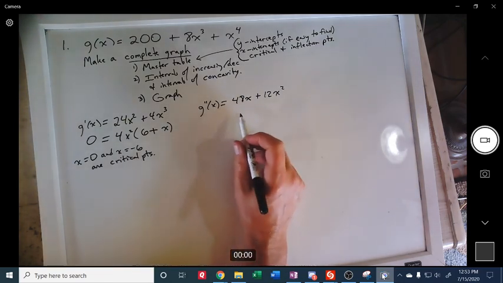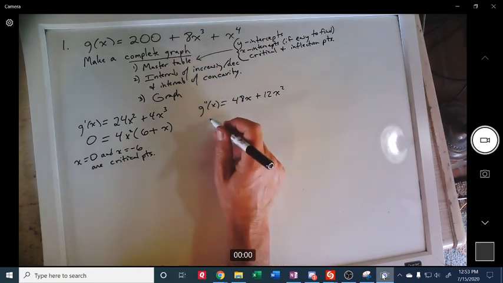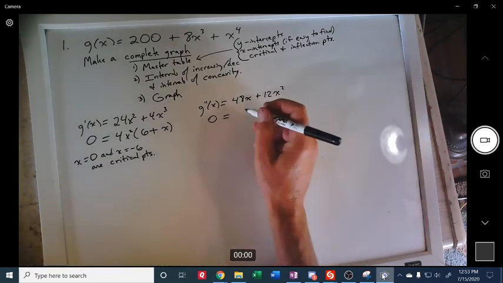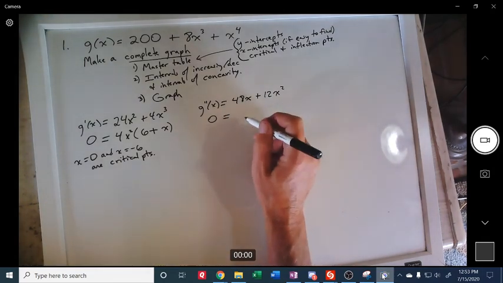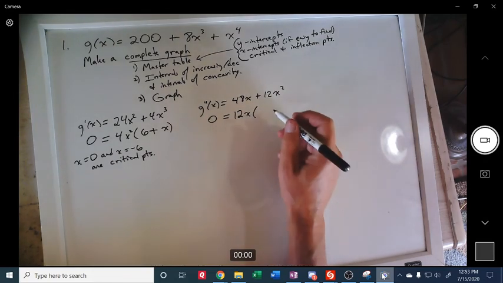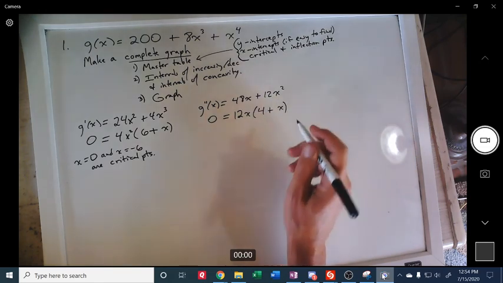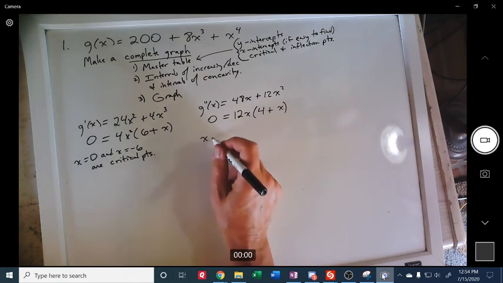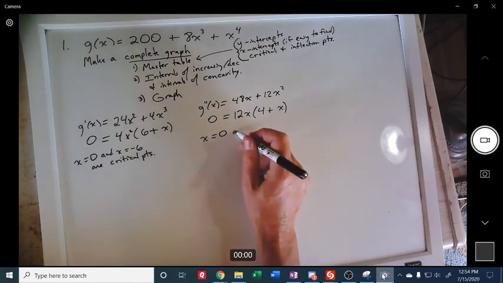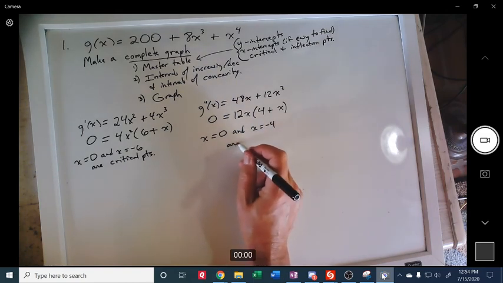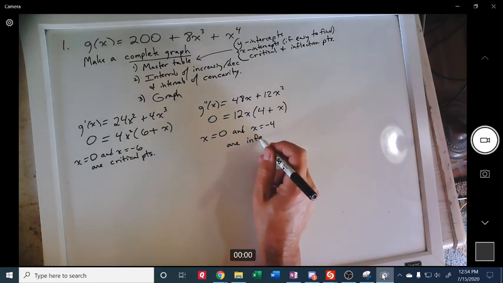And then over here, I set my second derivative to 0, and I factor out 12x. And I'm going to get 4 plus x. So x equals 0 and x equals negative 4 are inflection points.